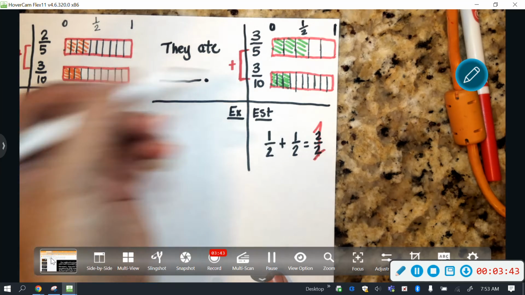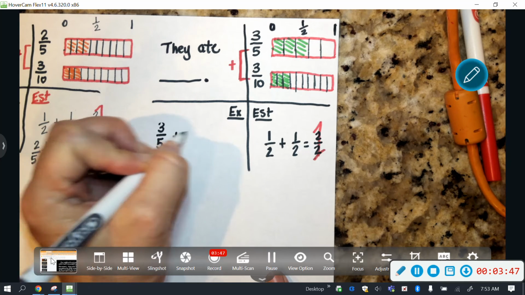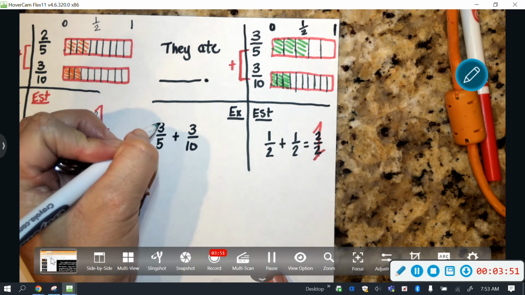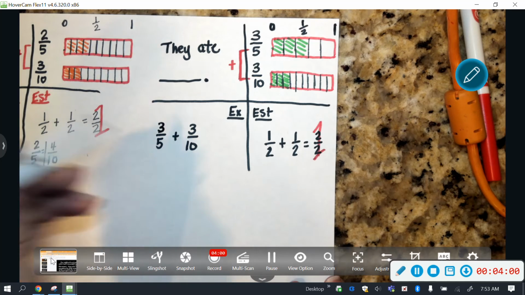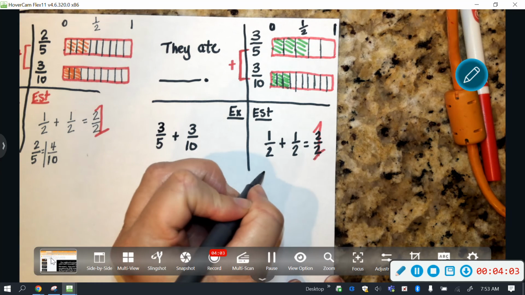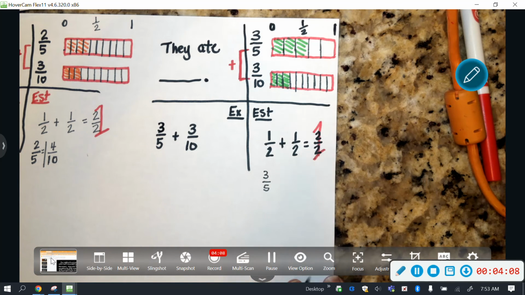I'm going to rewrite my fraction, 3/5 plus 3/10. Now remember, boys and girls, it's the denominator that needs to be the same, not the numerator. So I need to quickly think, can I call my fifths something tenths? So over here in this area, I have a little bit of extra room.